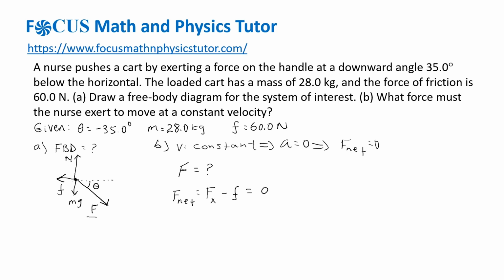Alright, so what is the force in the x direction? The force in the x direction is this component here. That's equal to F cos theta. So F cos theta minus F friction is equal to 0.